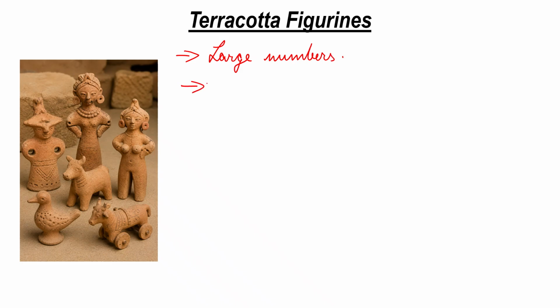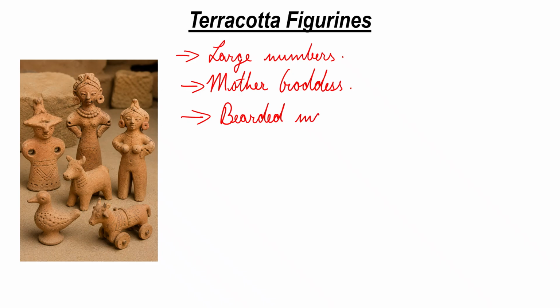The important figure was that of a mother goddess. Also, bearded male appeared a lot. We find a lot of these sculptures. Probably it was some kind of a god.